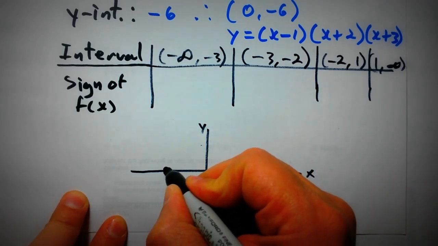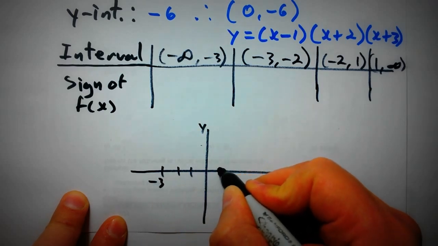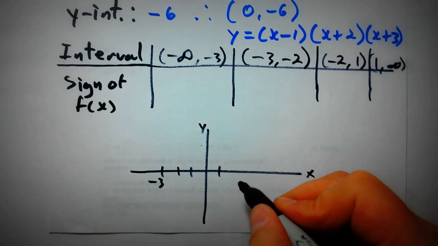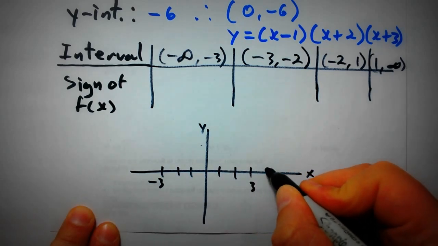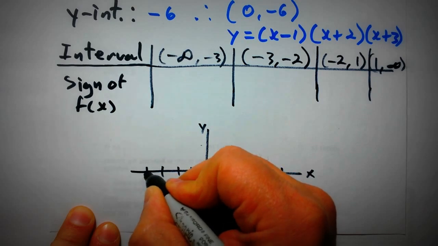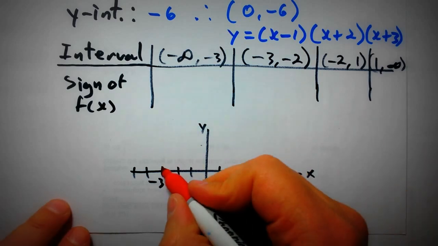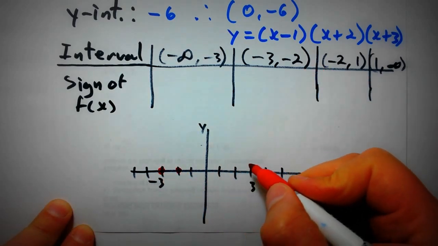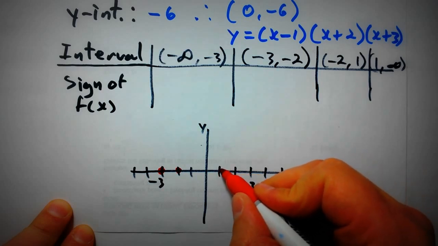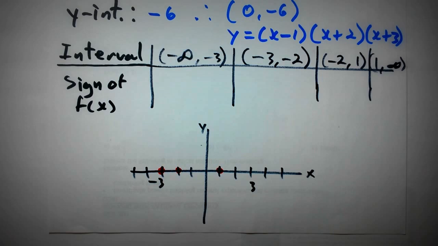So once again, these are our x-intercepts: -3, the other one is -2, and we also have 1. Basically we want to see how it behaves.